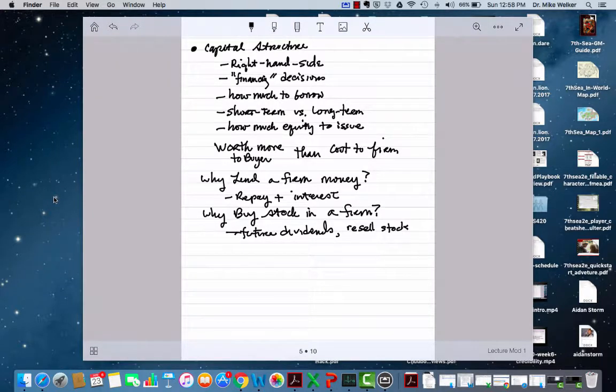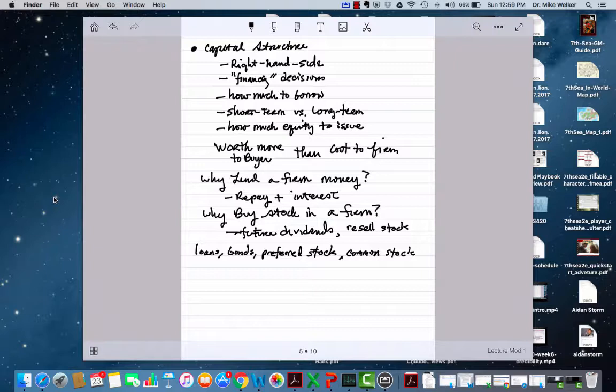Now, financial assets like loans and bonds, and of course you have a special class of stock. It's called preferred stock. And of course then, much more generally known as something called common stock.